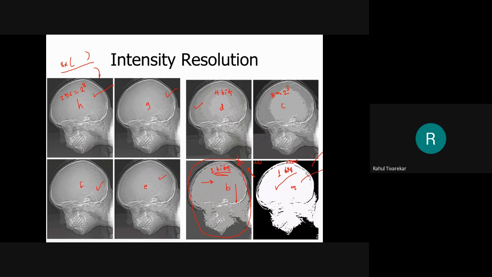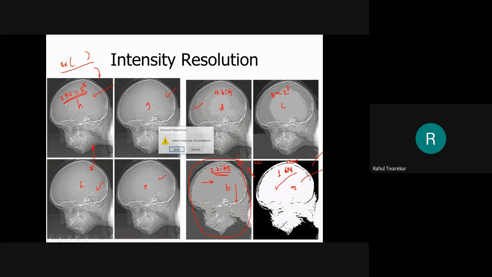So there is not much difference when you represent with the help of 128 intensity levels and with the help of 256 intensity levels. But in some cases and in some images, the difference may be slightly noticeable. So that's why it has been chosen that 256 levels or 8 bits are sufficient.